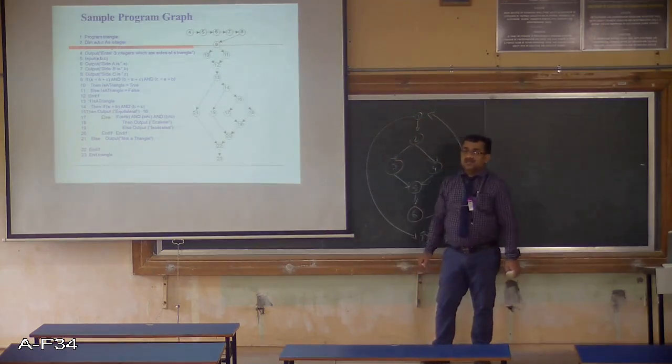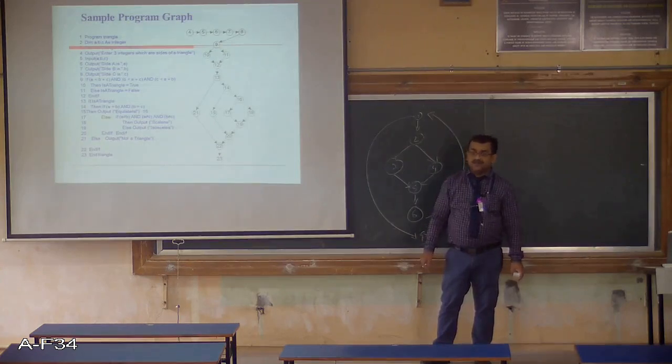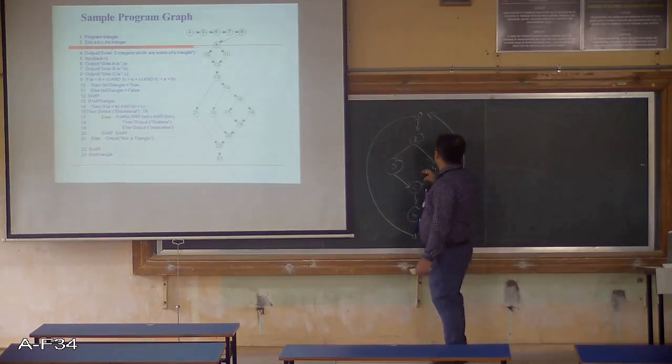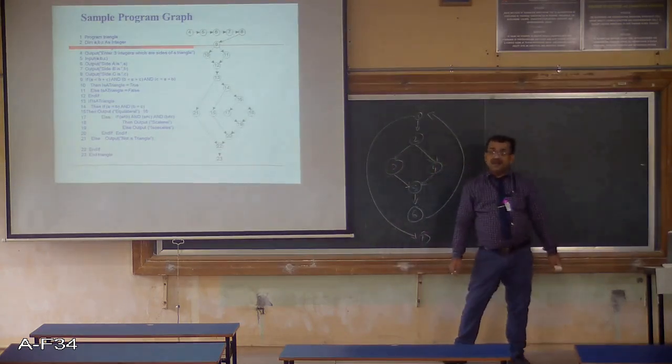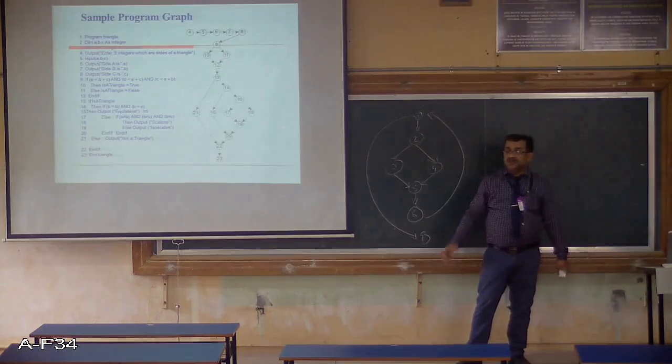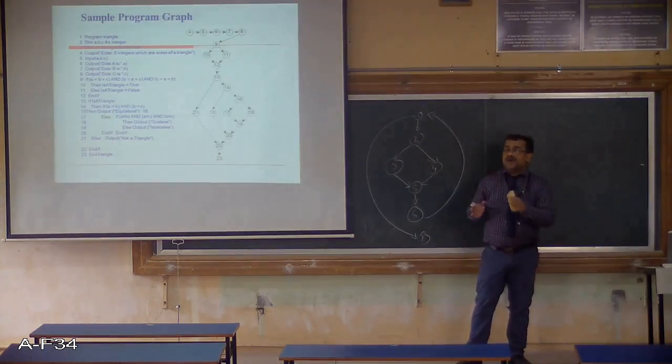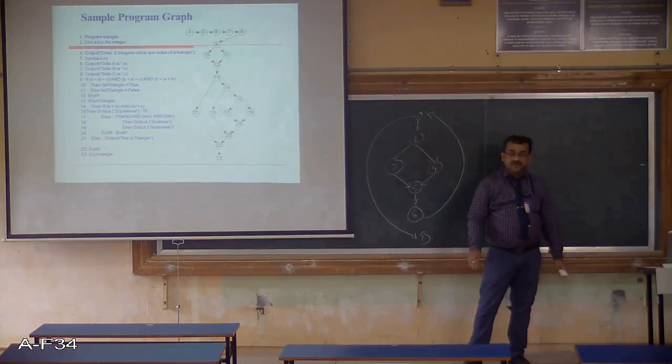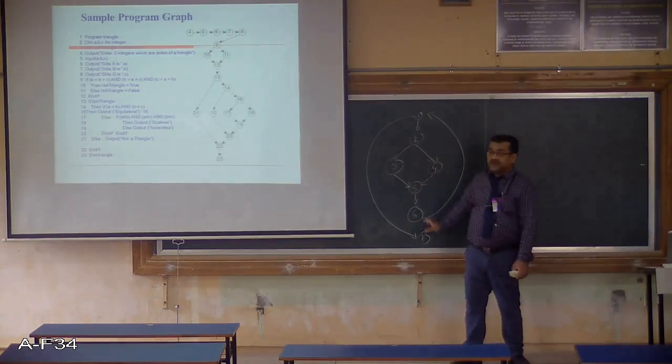So this is one path. Similarly, there can be another path, 1, 2, 4, 5, 6, 1 and 7. So this can be another path. We can have a number of independent paths of execution of this particular graph. This is just an example graph that I am showing you.